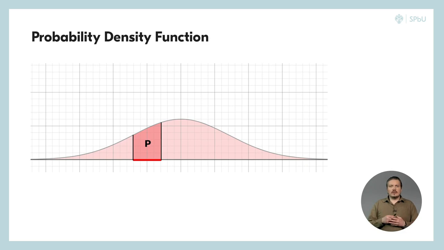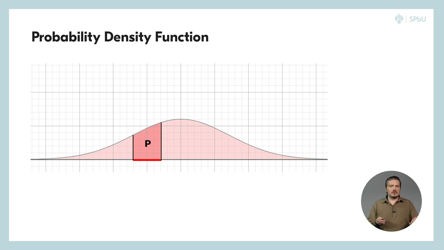In the case of the continuous distribution, there's no such thing as the probability of each exact value. Instead, we can have the probability of x belonging to some subinterval of the whole set of possible values. And this probability will be the area under the graph of its probability distribution, bounded by this subinterval.